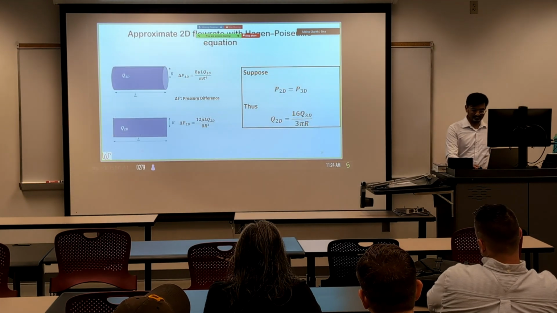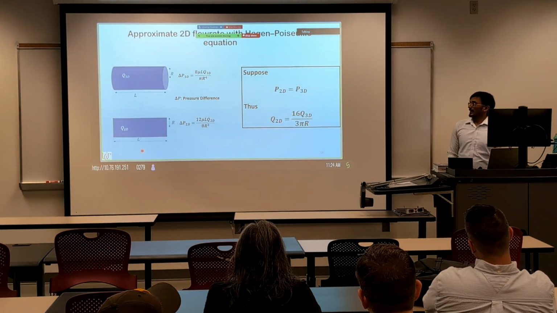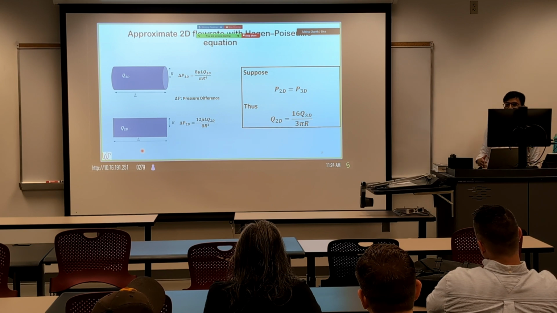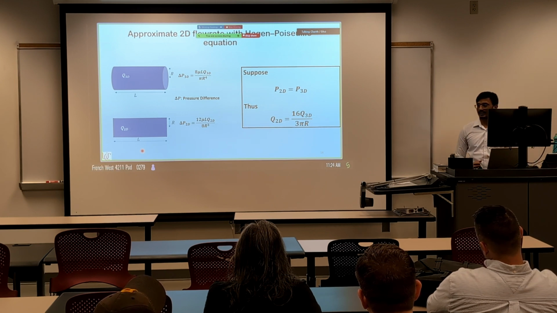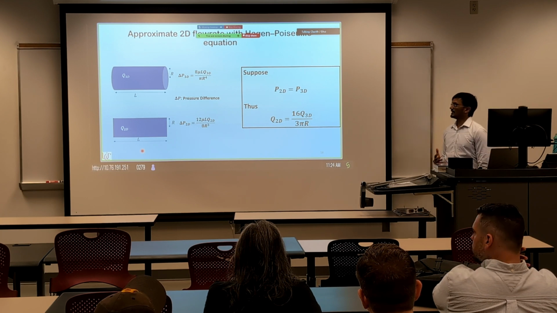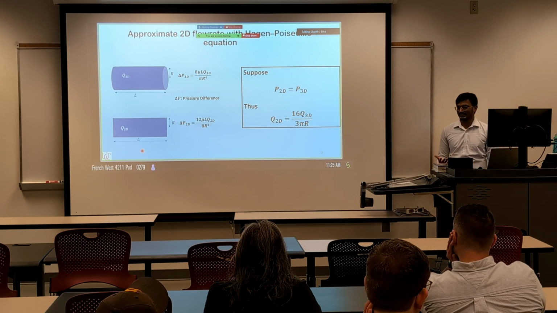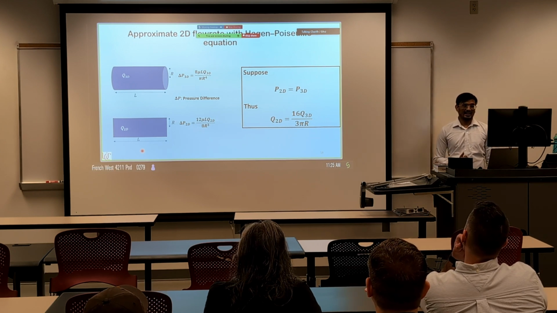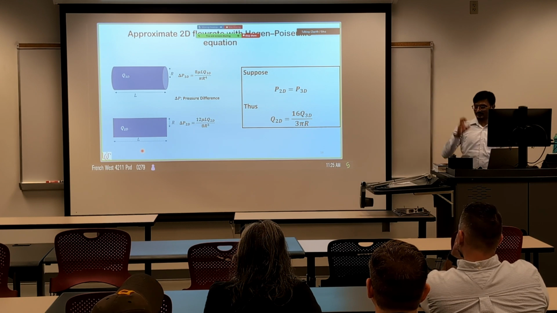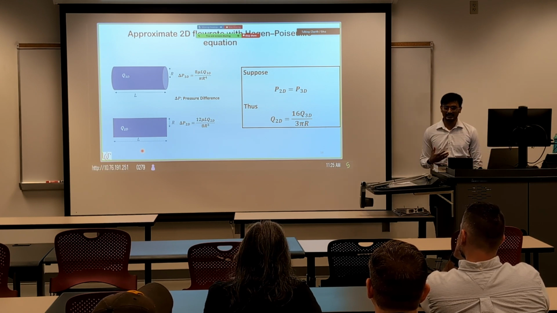To answer that question, we use the Hagen-Poiseuille equation. This is simply the Navier-Stokes equation along a long cylindrical pipe, or a rectangle in the case of 2D. For this specific case, you have an analytical solution.